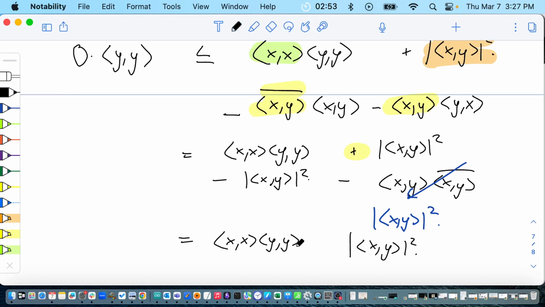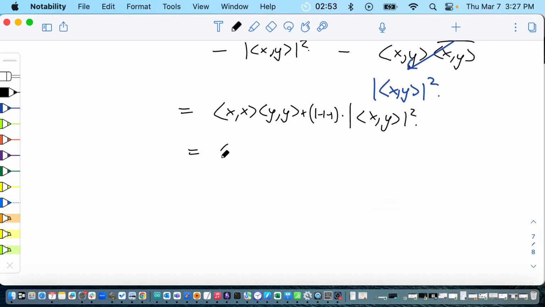Plus 1 minus 1 minus 1 times this. Okay? So these three terms are all the same thing, except this one is a plus 1, and this one is a minus 1, and this one is a minus 1. So you get 1 minus 1 minus 1, which is negative 1.